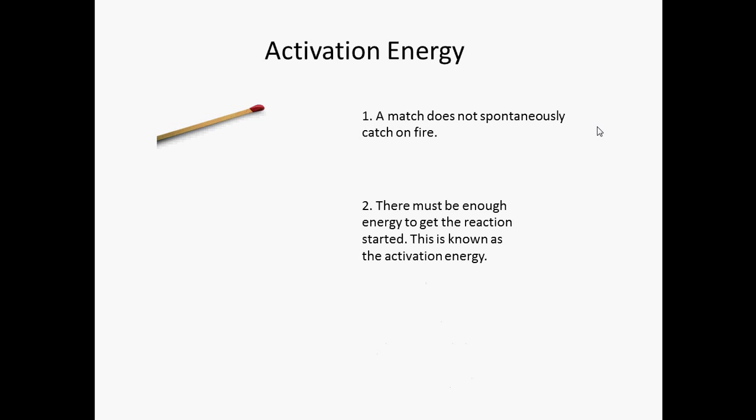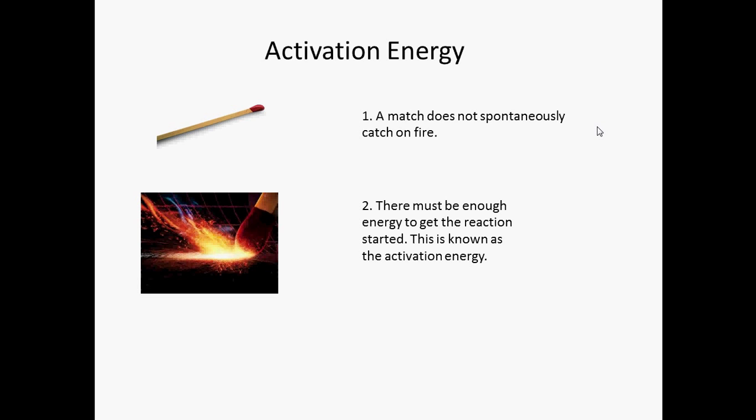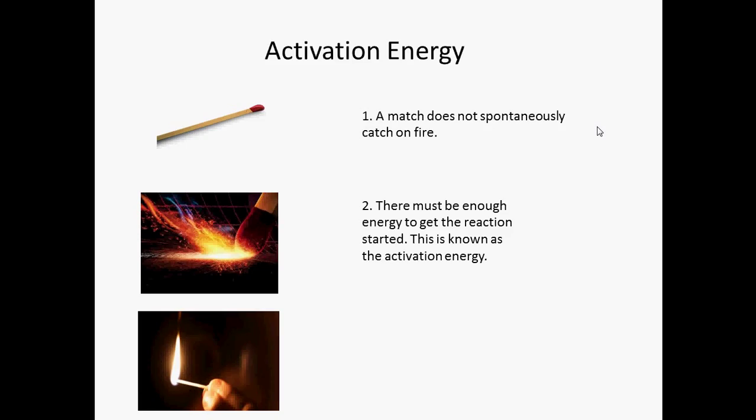And we do this by striking the match against the side of the box. When we do that, we provide energy, friction, heat, to start the reaction going. Once the reaction starts, we all know that our match continues to burn. We don't need to strike it against the side of the matchbox anymore once it starts burning.